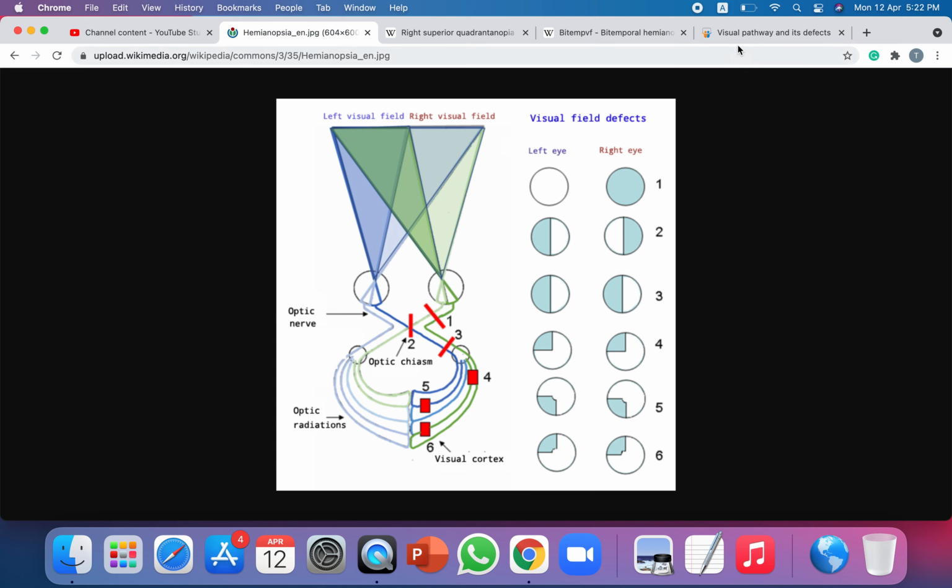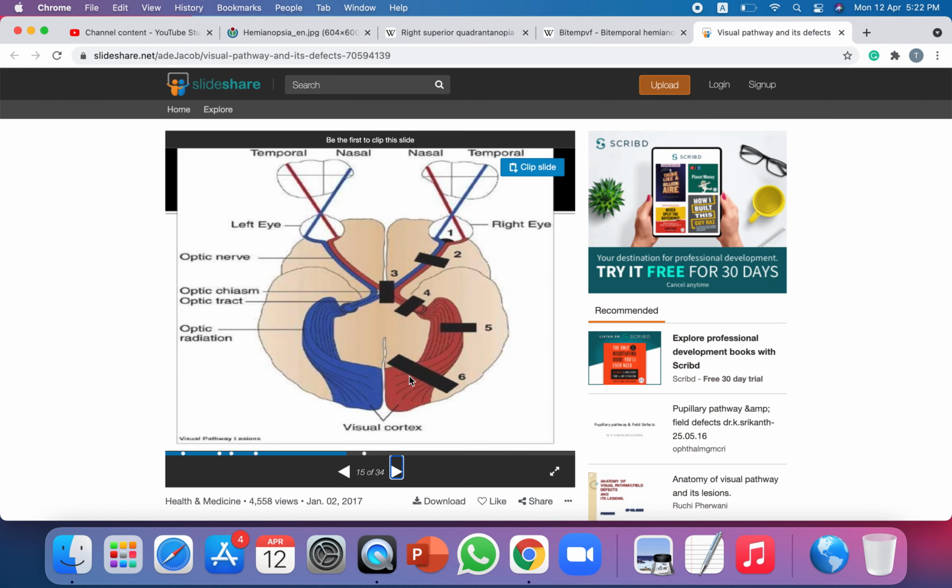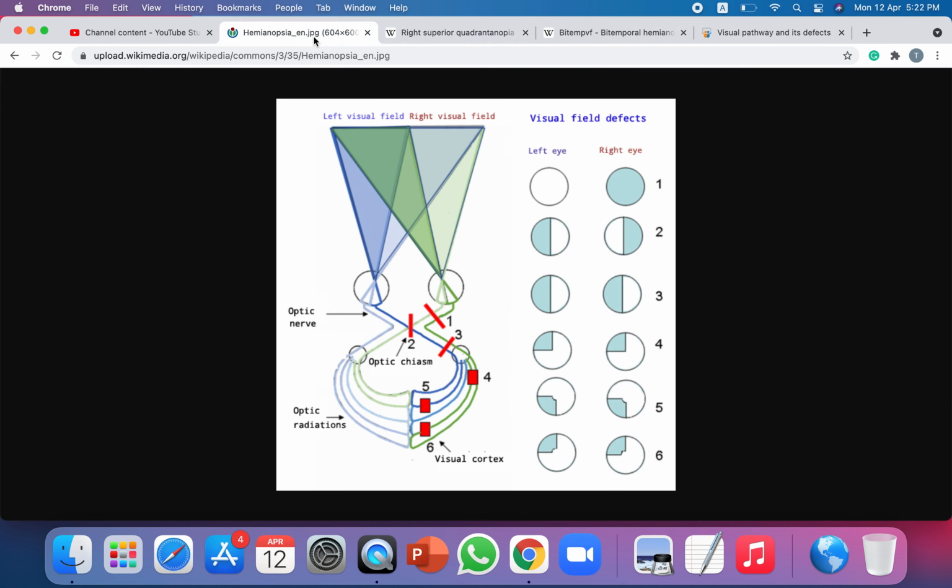Why? Because the fibers of the parietal lobe are upper fibers, and they are cut and cause inferior quadrantanopia. So this is our pathway up to optic radiation, parietal lobe and temporal lobe.